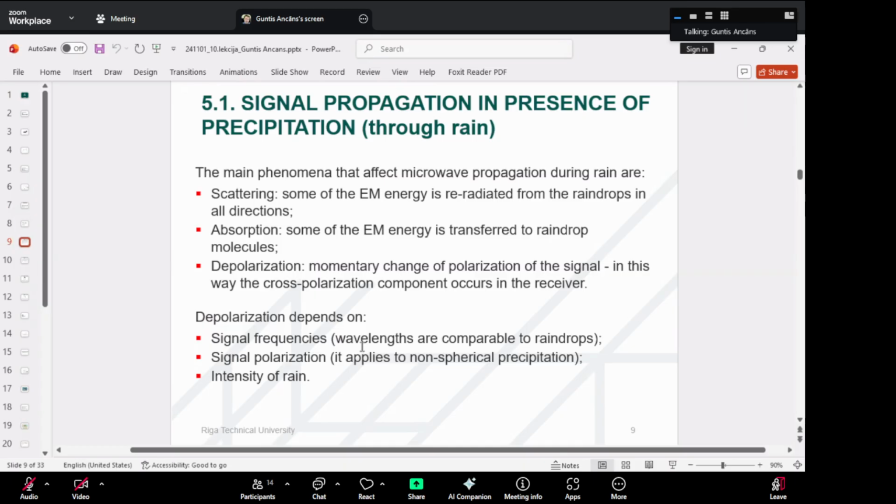First is scattering. Some of the electromagnetic wave energy is radiated from the raindrops in all directions.